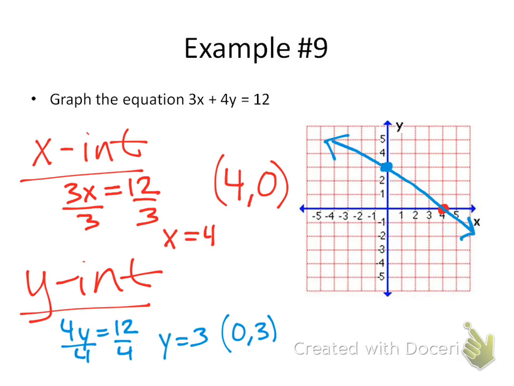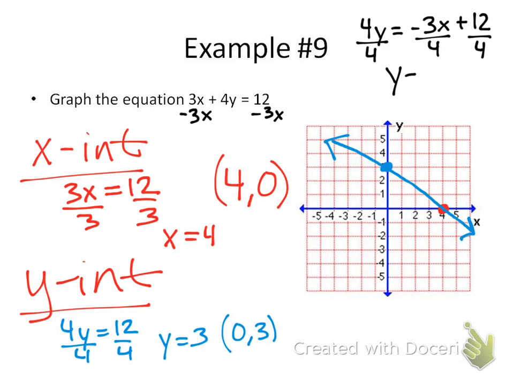Now, I did say there were 2 options for how to graph these, so I'll show you the other option as well. You could start by just getting y by itself. So you'd have 4y equals negative 3x plus 12. Go through and divide everything by 4. So y equals negative 3 over 4x plus 3.